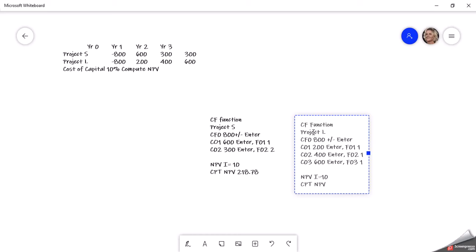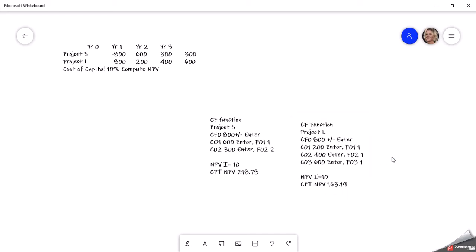Cash flow for year 2, 400, enter, frequency of 1. If you're going over top of what you just did, make sure it's a 1 and push enter. Cash flow for year 3 is 600, push enter, and the frequency is 1. Come over to the net present value, I equals 10, arrow down and compute, and we get 163.19.